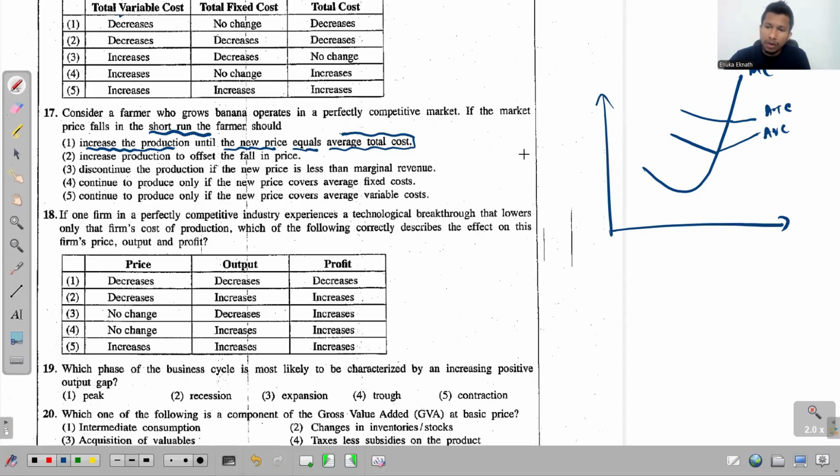ATC, average total cost. So normally the price equals the average total cost, right? Price equals the average total cost in the long run, not in the short run. So that doesn't happen normally in the short run. But in the long run, of course, we recognize this to be the long run equilibrium, right?